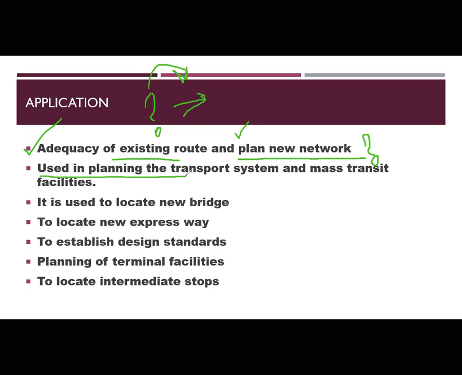It is used in planning the transport system and mass transit facilities. Consider that you are an engineer or government officer, and the government is very eager that goods must be transported properly and in the fastest way.